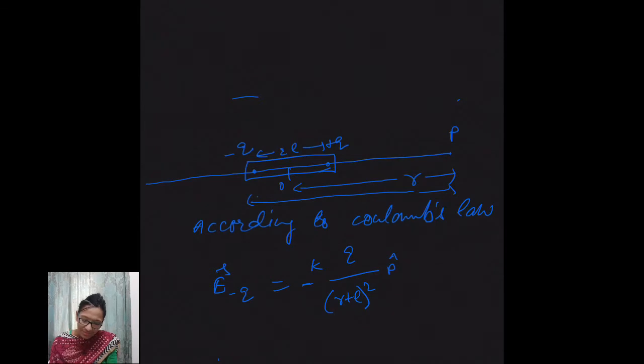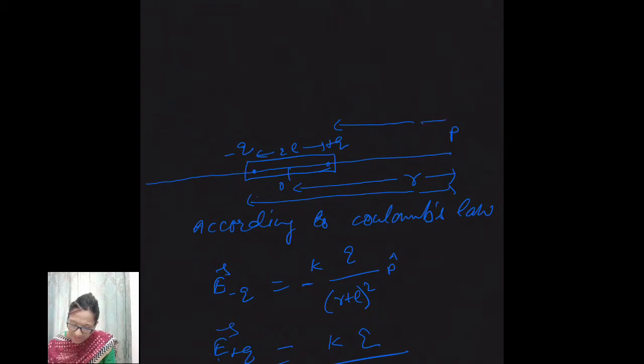Now electric field due to plus Q charge will be KQ upon the distance from Q to P, and this distance is equal to R minus L whole square.